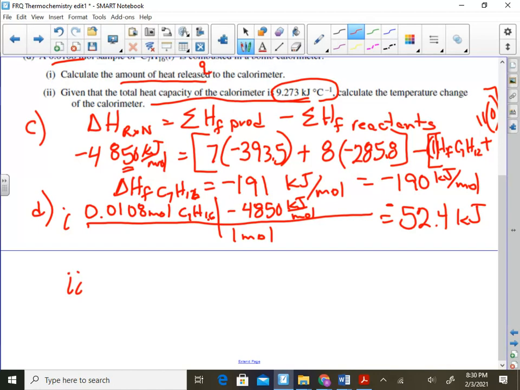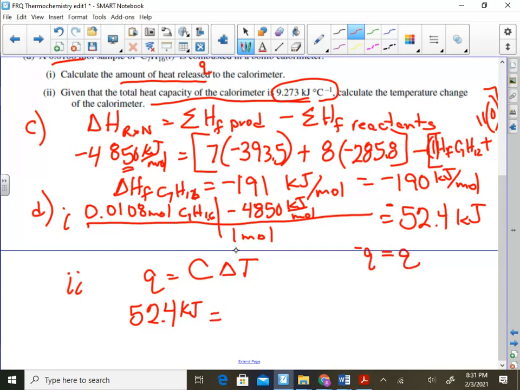And so to calculate this, this would be Q equals capital C times delta T to solve this problem. And we know the heat released by the combustion reaction is gained by the calorimeter. So we have 52.4 kilojoules absorbed by the calorimeter because the heat lost by this is the heat gained by the calorimeter, our law of conservation of energy.